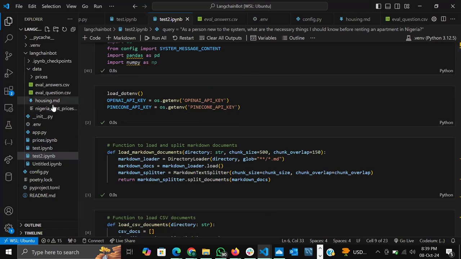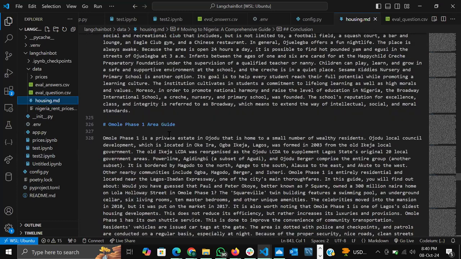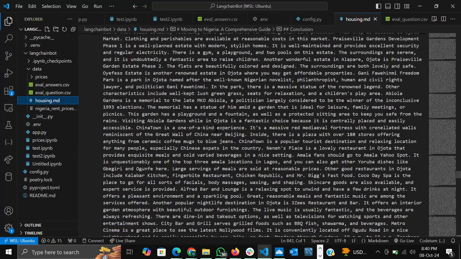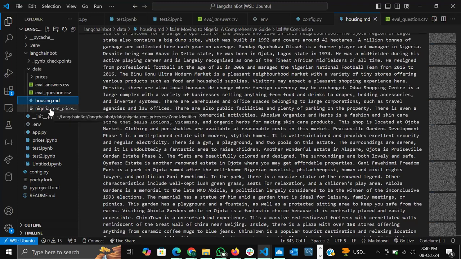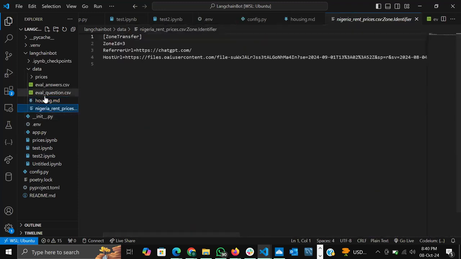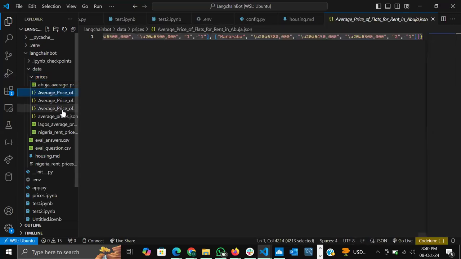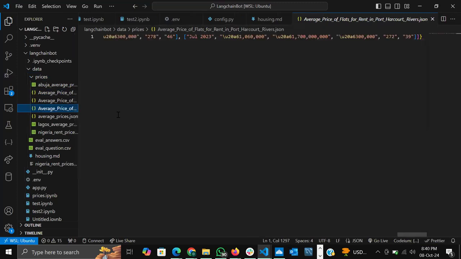So I'll just show you some of it. Here is a Markdown file containing so much text that I fed to the RAG system. And here are some JSON files containing prices of different apartments across Nigeria that are also fed to the RAG system.